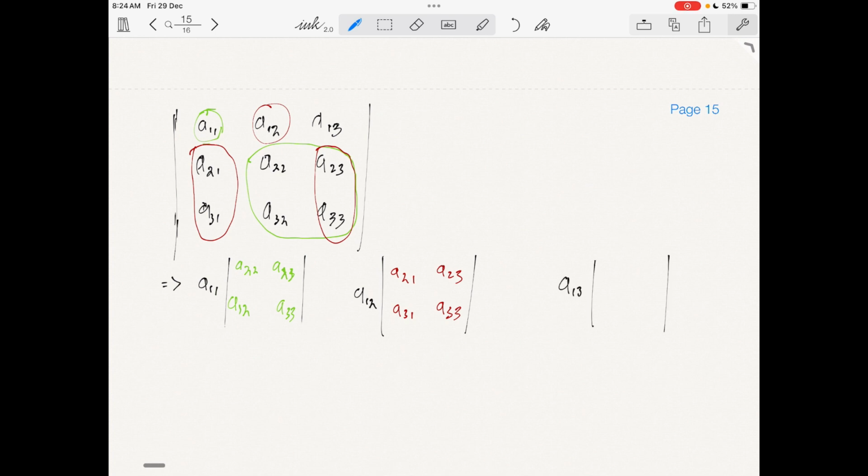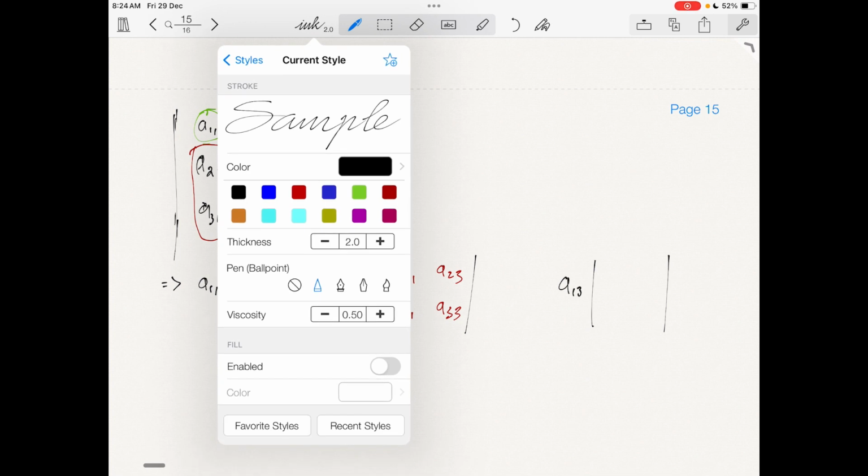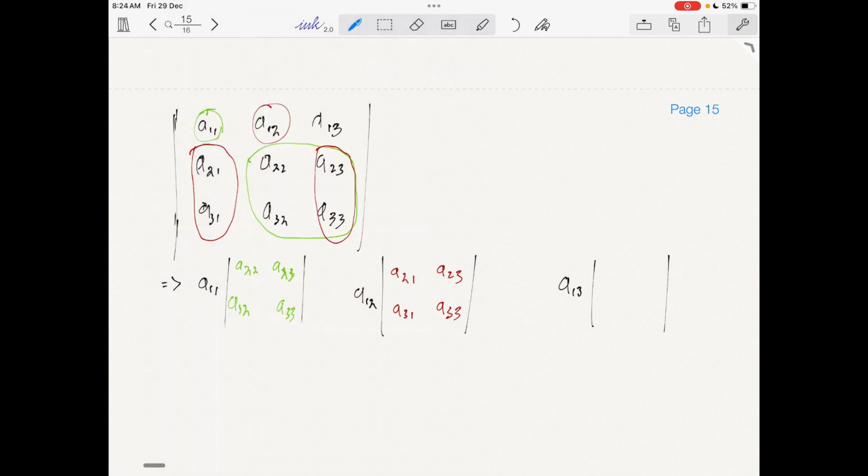If we are going to consider A13, we will look at the horizontal and what is connecting us also to the vertical, and what will be the remaining terms. The remaining terms will be A21, A22, A31, A32.